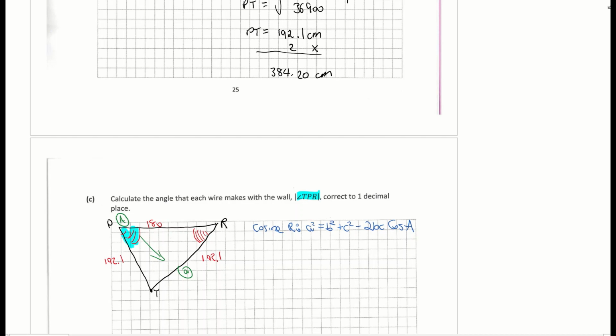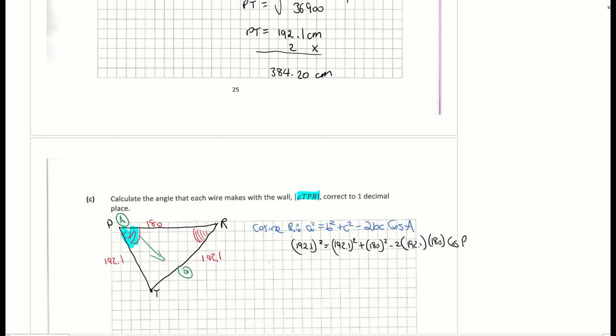So I have 192.1 all squared is equal to my B and my C. Well, I'm just going to use 192.1, my other side, as my B, and my remaining third side as my C, which is 180 squared. Minus 2 times B, 192.1, times my 180, times my cos A, and that's what I'm trying to find. And I'm trying to find the angle P, so I'm going to call it cos P. Okay, large numbers here.